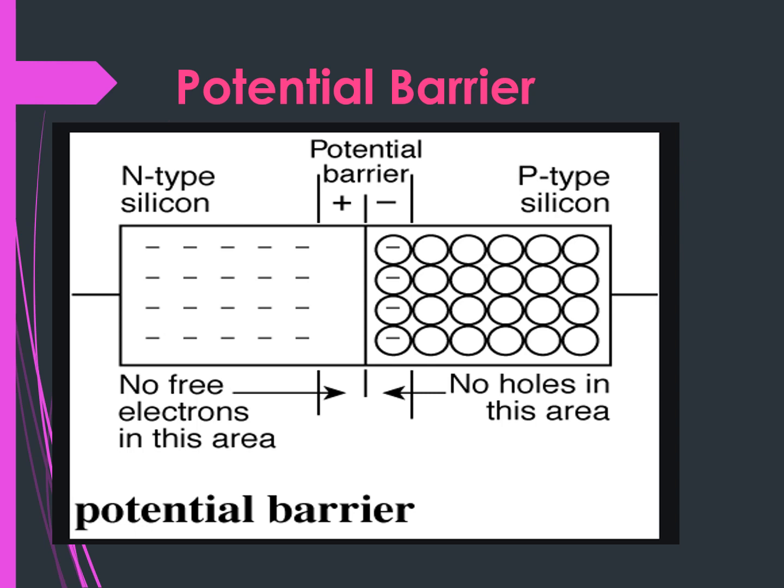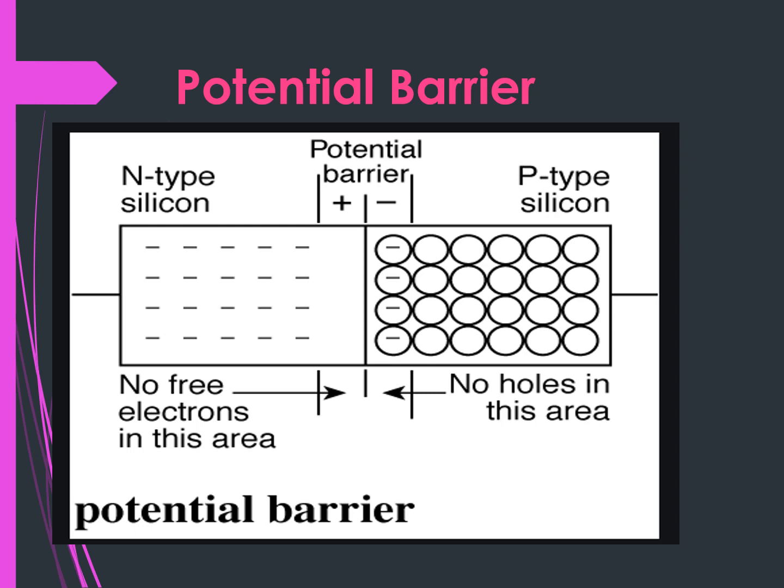The next topic is potential barrier. Due to the migration of the electrons and the holes, the n region becomes positive because the electrons are moving out from it.